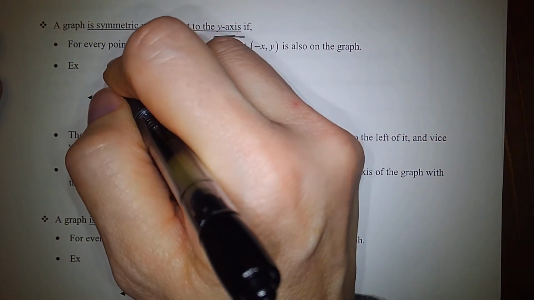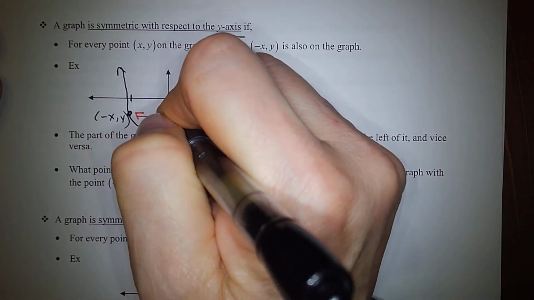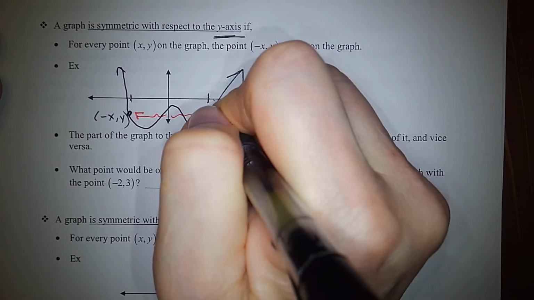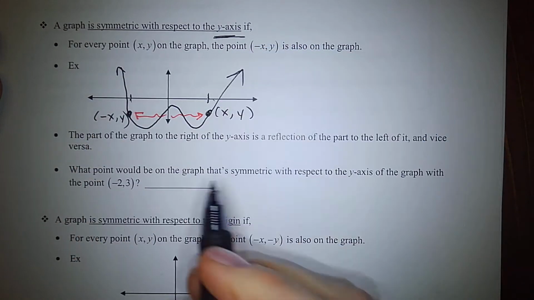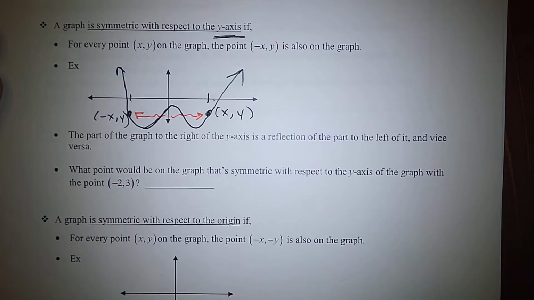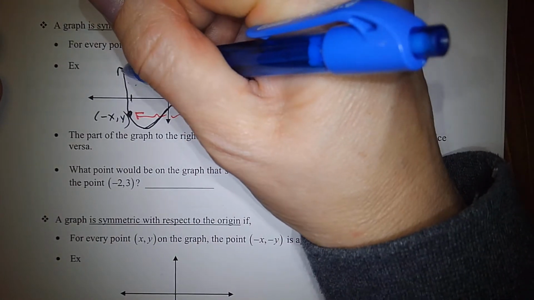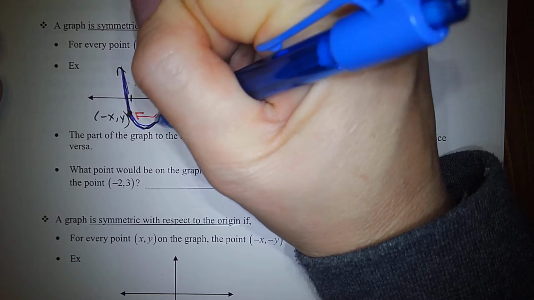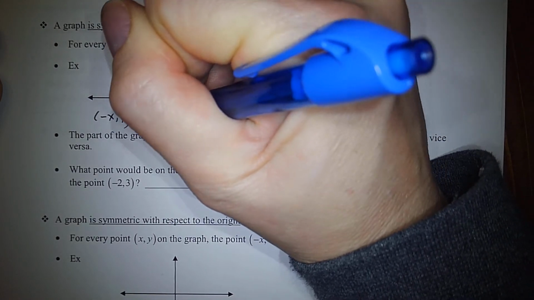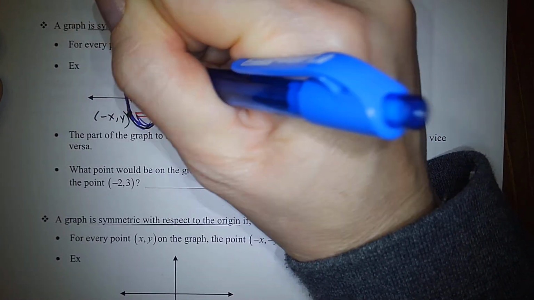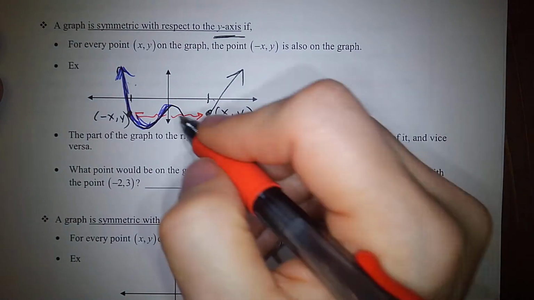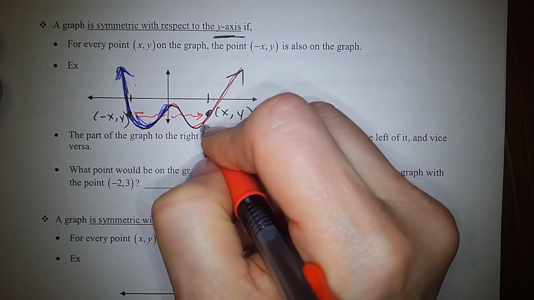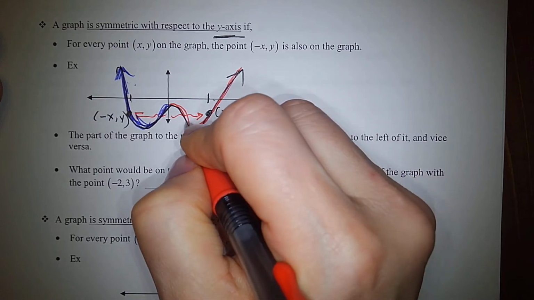For example, this graph might look something like this, where these points are symmetric about each other, and everything on the left-hand side of the y-axis in blue would be an exact mirror image of everything on the right-hand side, which would be in red.